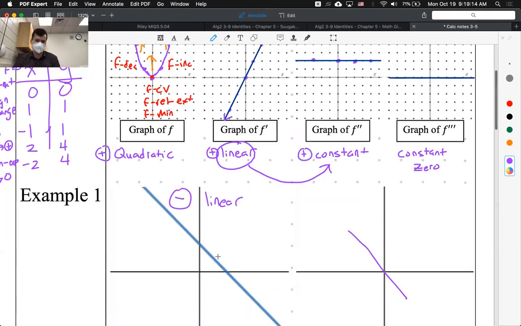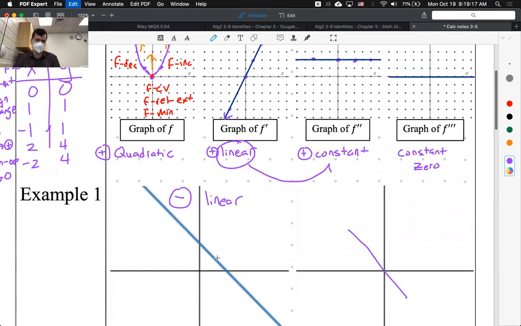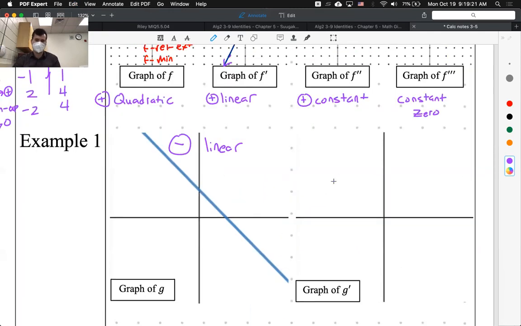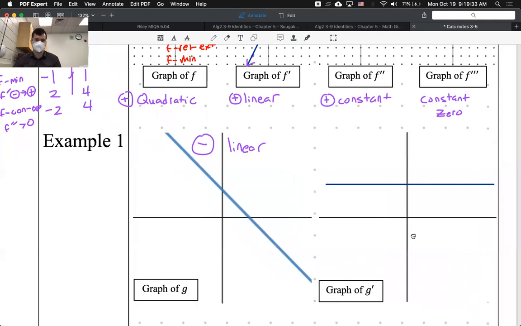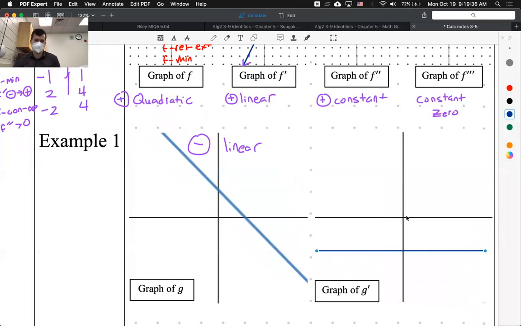We have a linear also, so when I take the derivative, it should also move to a constant. So it should be some sort of horizontal line. The question is, where? Where should I draw that horizontal line? Should I draw it right there? Exactly, yeah. It needs to be somewhere below the x-axis because it's negative. So that's the correct answer.